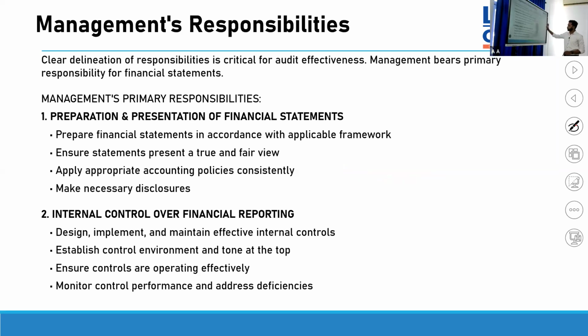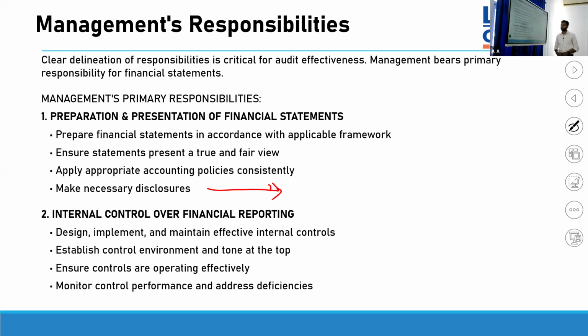Okay. Next one is make necessary disclosures, right? It is also management's responsibility to disclose all the important information in the financial statements. So this is the first responsibility of management.